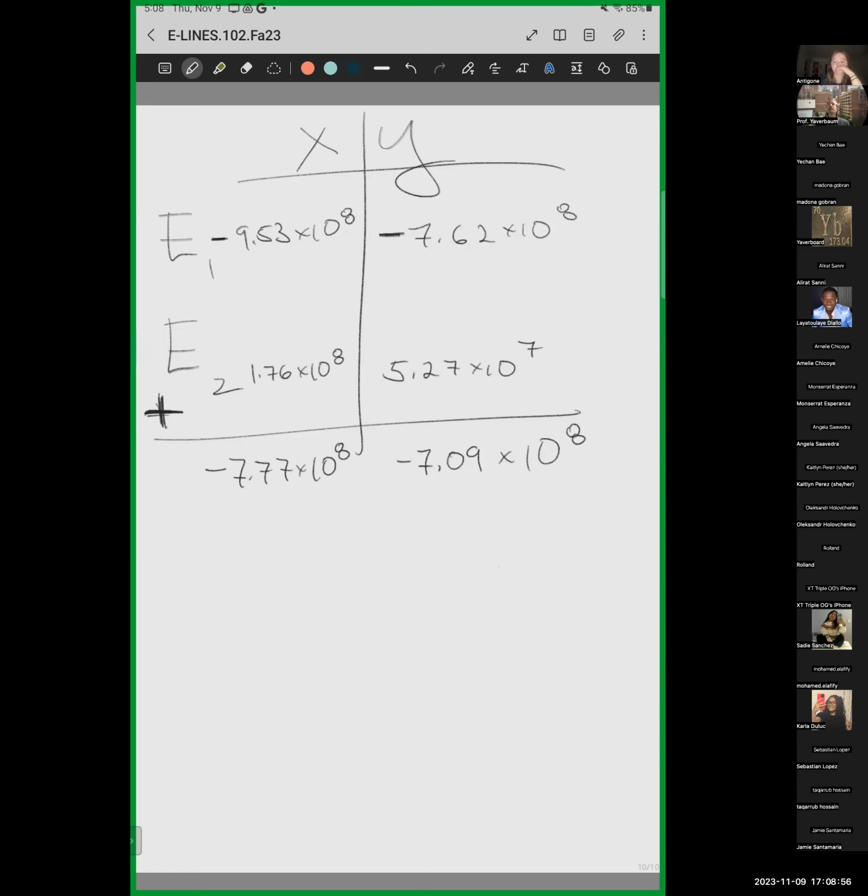What this means, at the end of the day, is that the final vector that we're solving for pushed things to the west with approximately 7.7 times 10 to the 8th.